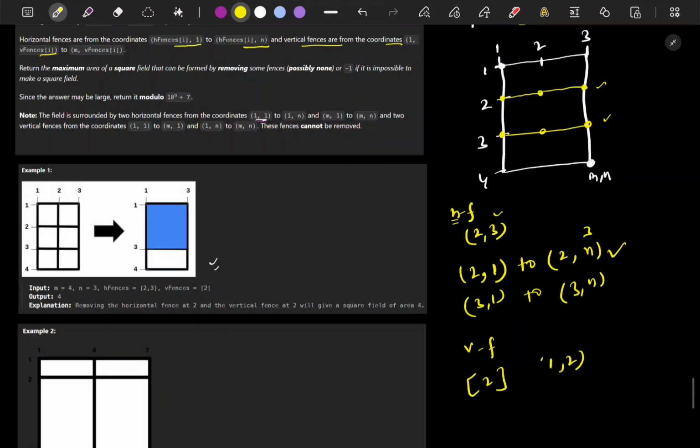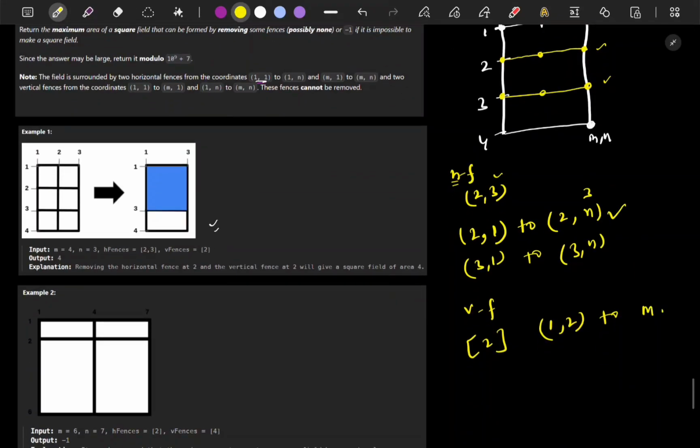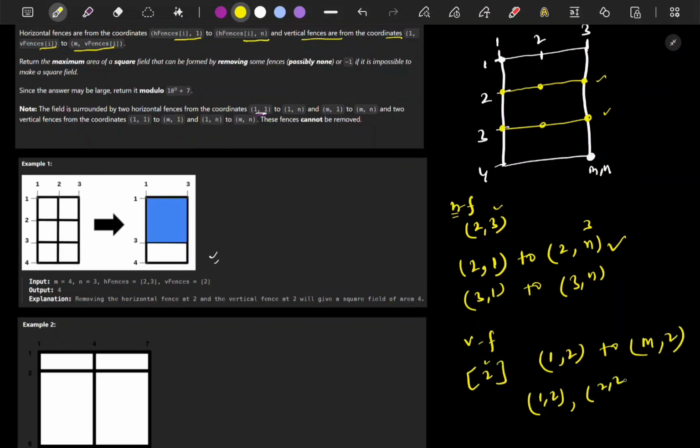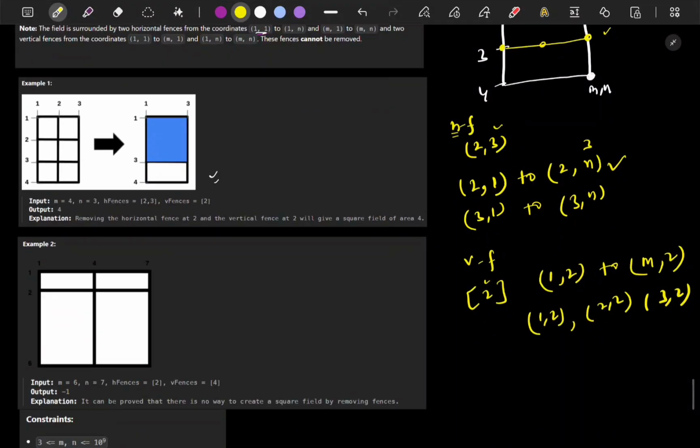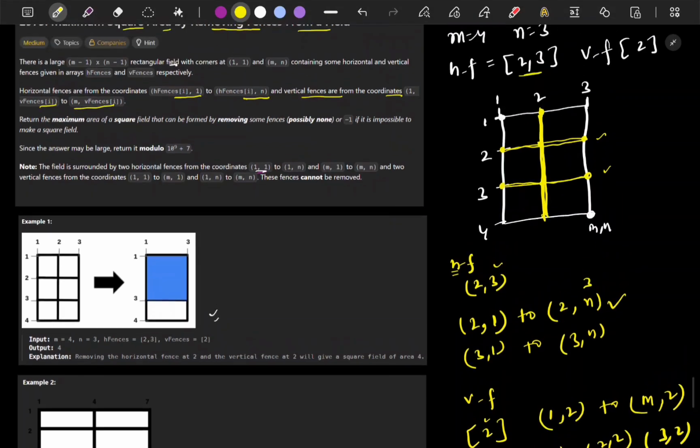So from (1,2) to (m,2): (1,2), (2,2), (3,2), and since m is 4, up to (4,2). So this is one vertical fence we have. Basically we have two horizontal fences and one vertical fence like this. This is how our example is shown.